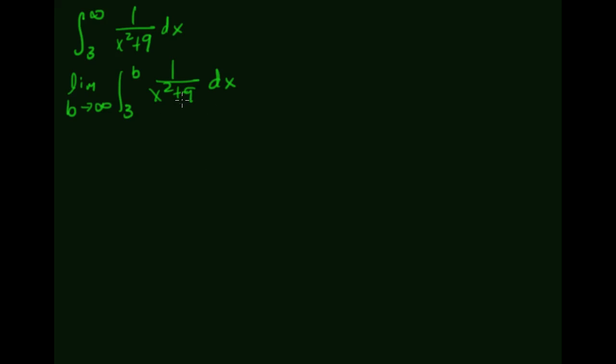If you pull the 9 out of the bottom, you get the integral from 3 to b of 1 over 9 divided by 9 is 1. X squared over 9 is x over 3 squared dx. So now I'm in the inverse tangent form.